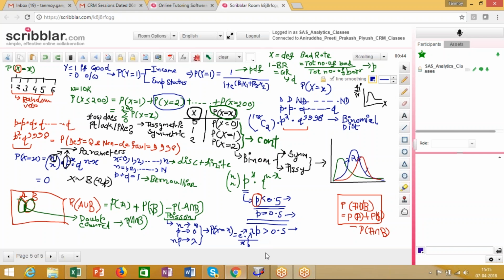Now, can you give me an idea as to what type of events can be modeled using the Poisson distribution? What type of events are used with the Poisson distribution?